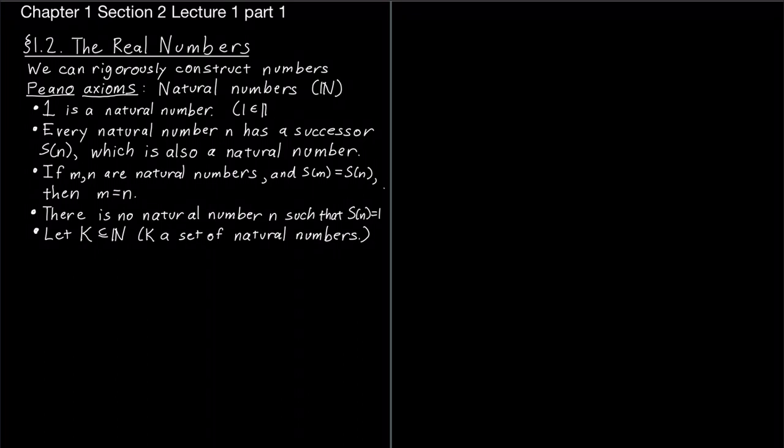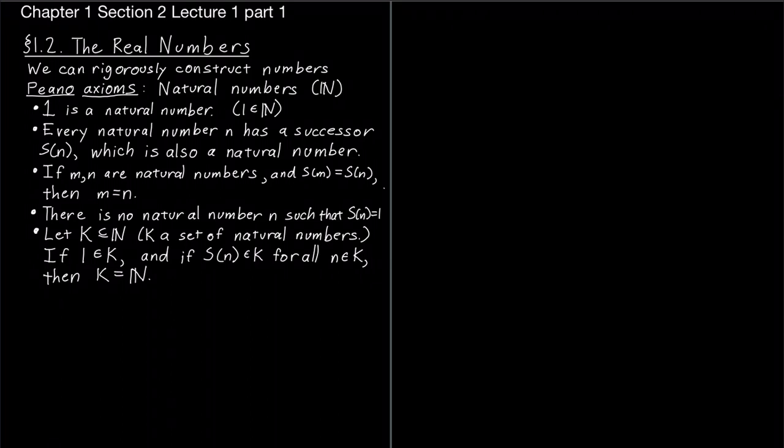So we can rewrite some of these rules using N for the set of natural numbers and the inclusion relation. If 1 is an element of K, and if S of n is in K for all n in K, then K is in fact all of the natural numbers.